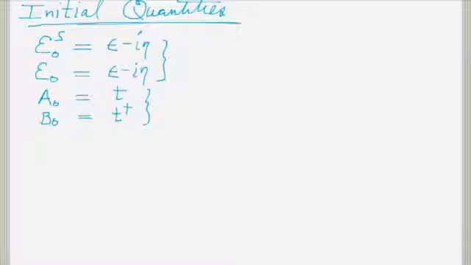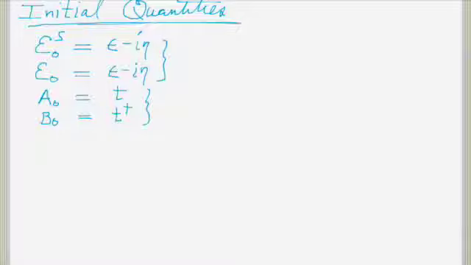So the site energies, the S is the one right at the surface, which is what's going to finally give you your surface Green's function. And I mean epsilon S, and the epsilon 0 is all the others.